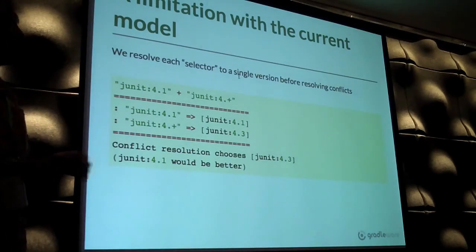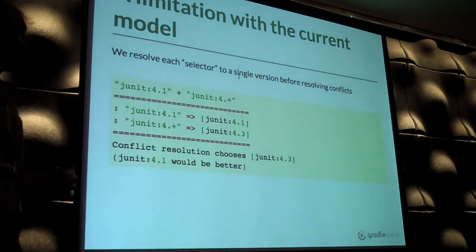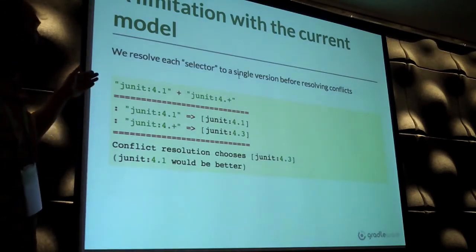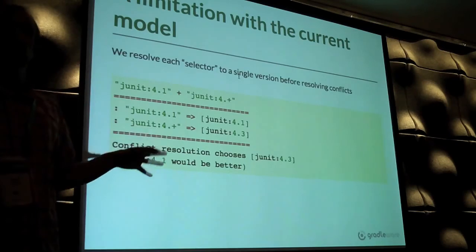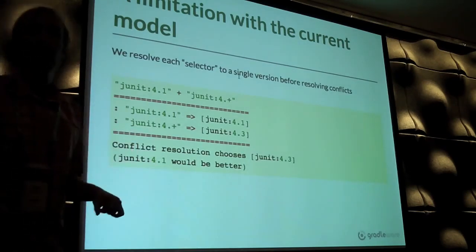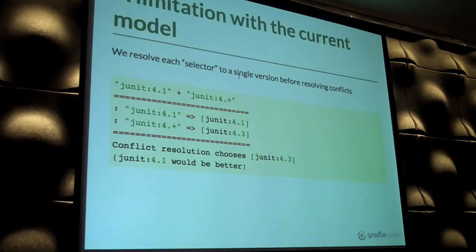In the fairly distant future, we'd like to have the full set of selectors and the list of all versions available to make a better decision at that point. So in this case, if the first one satisfies the pattern of the second one, you should always use the first one. That's what we'd like to happen. In fact, we'd like it to be a lot richer than that.